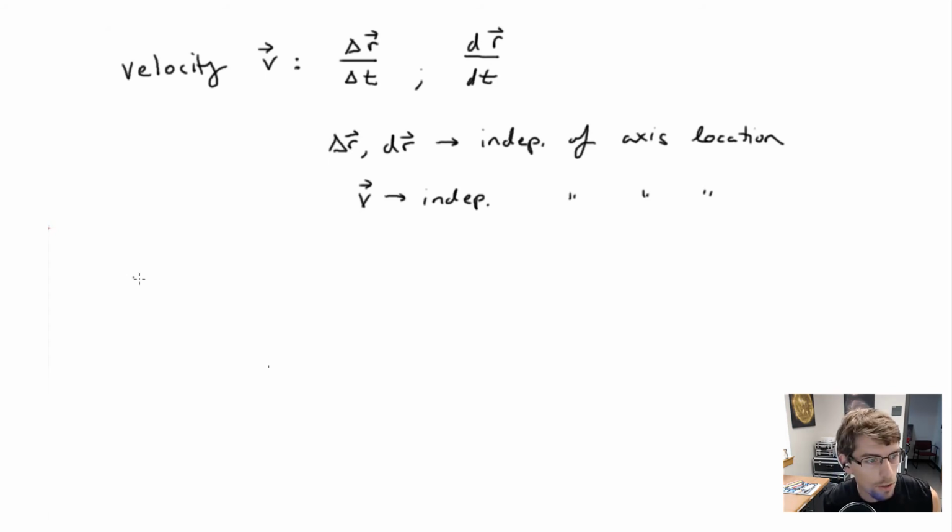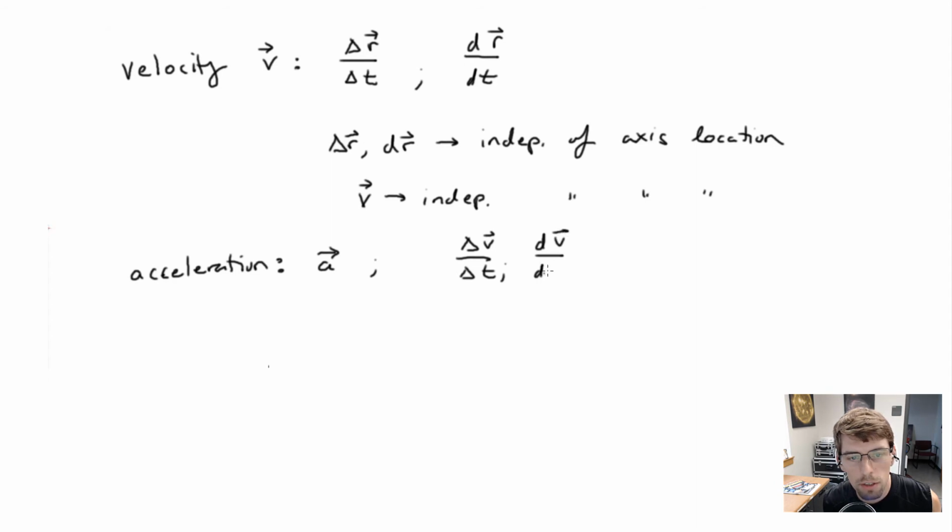I feel like a car salesman, but wait, of course, your acceleration is also a vector, a. For finite time intervals, we have delta v over delta t. For instantaneous or really small time intervals, we use the derivative notation.